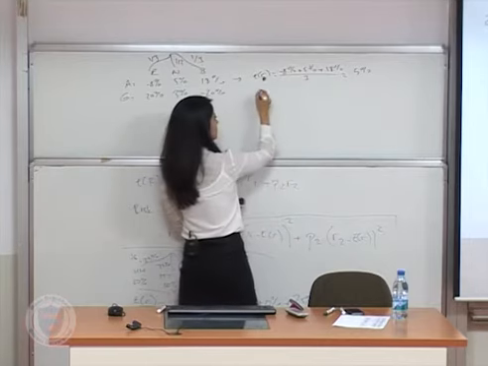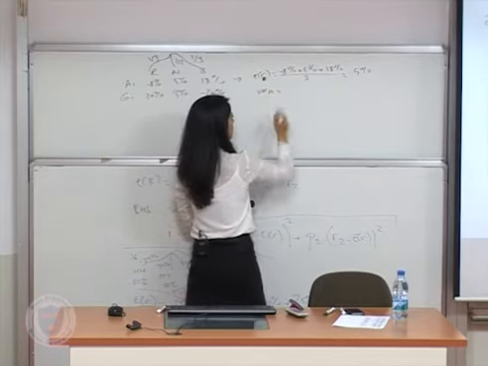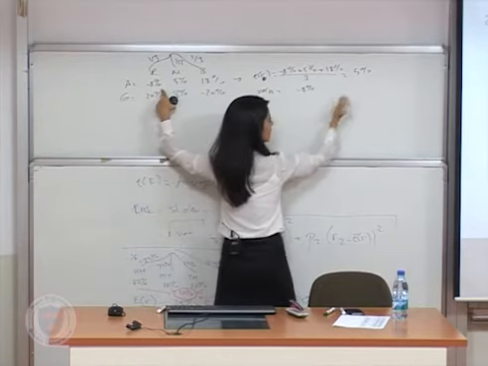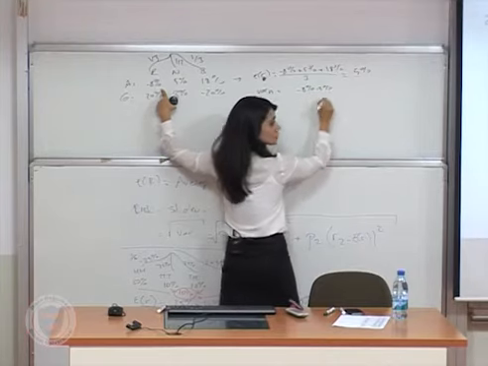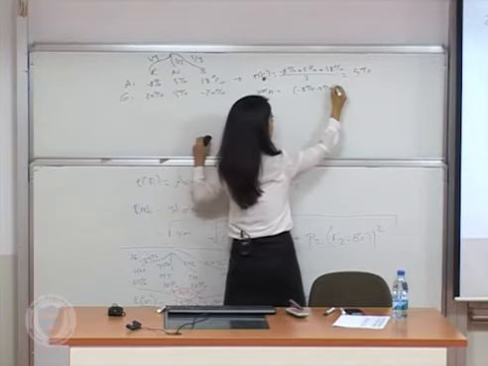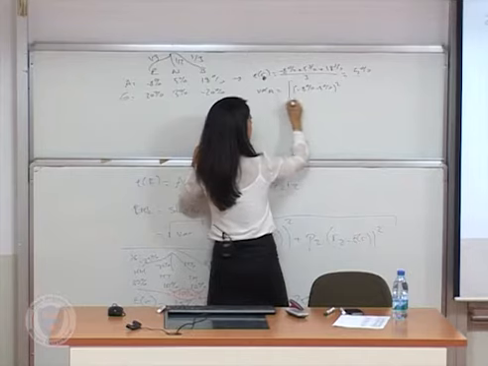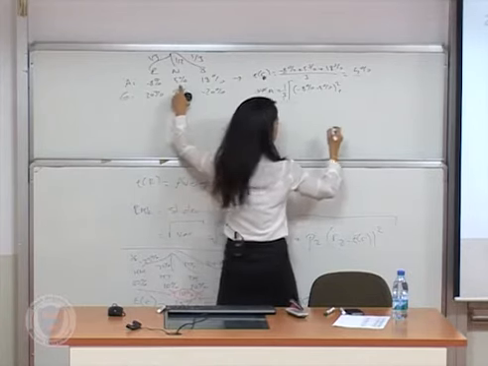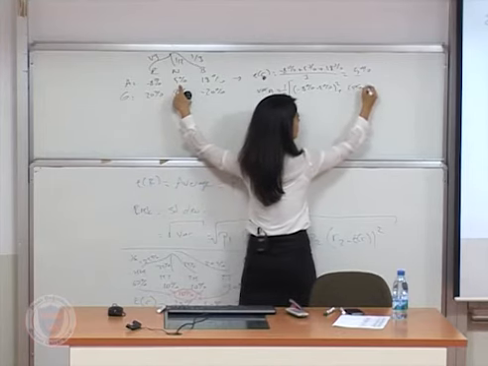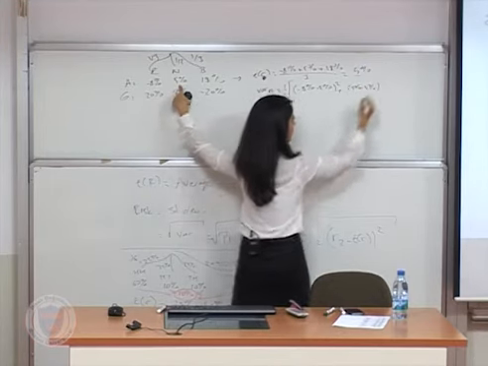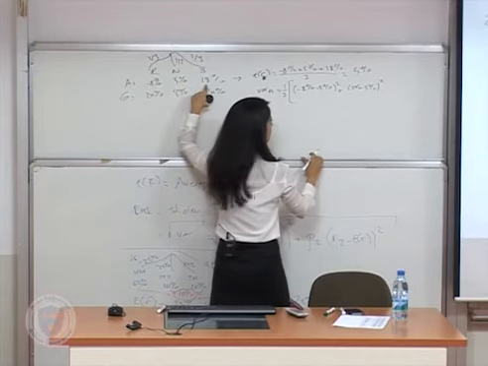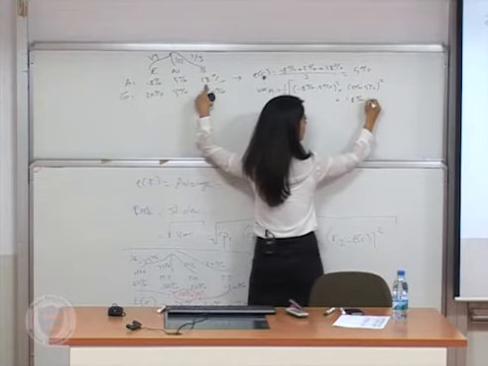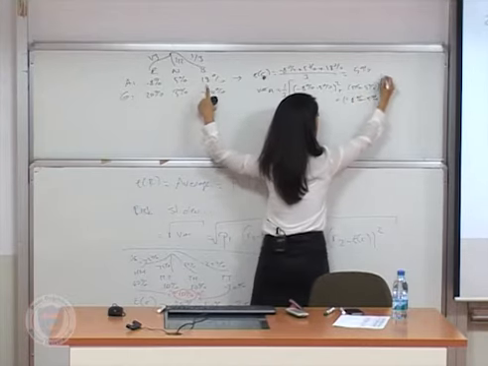For the risk, for variance, what am I going to do? I have minus 8% minus 5%, which is the expected return, and take the square of it, plus the same thing, 5% minus 5%, take the square of it, plus 18% minus 5%, take the square of it.